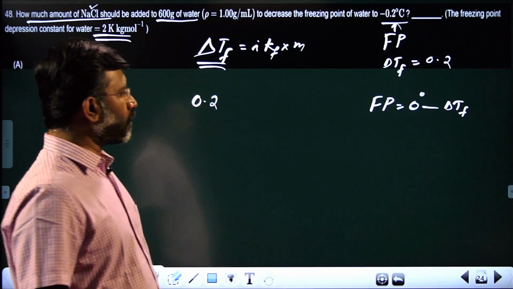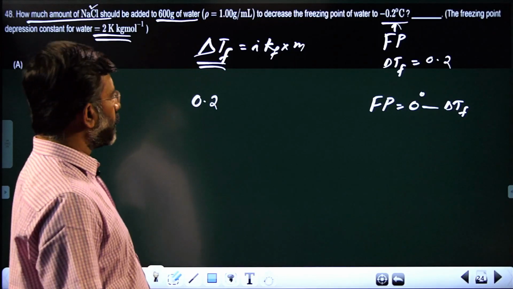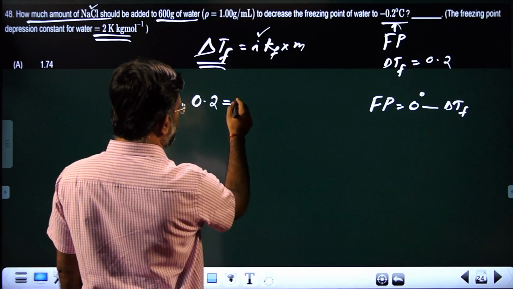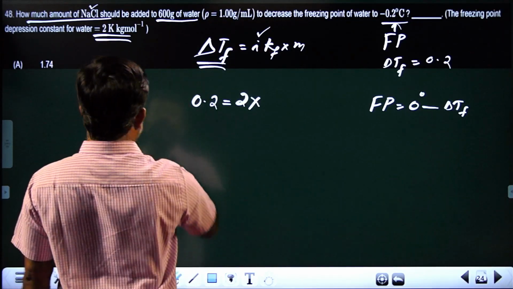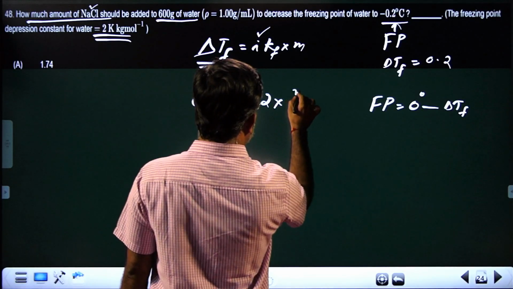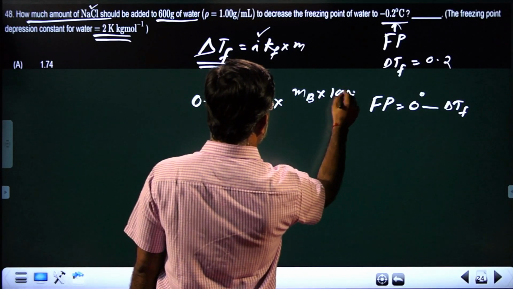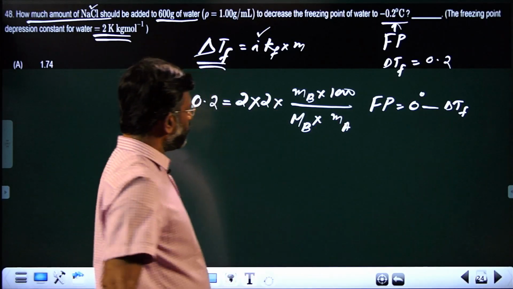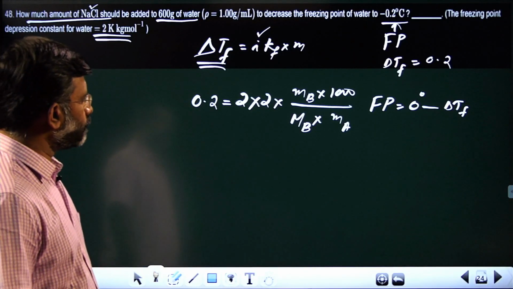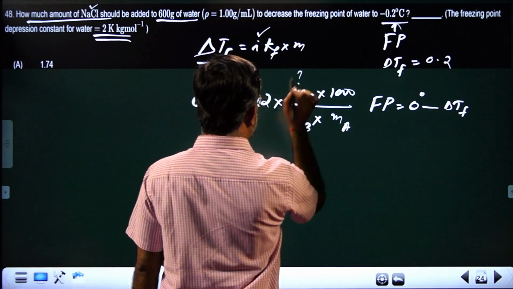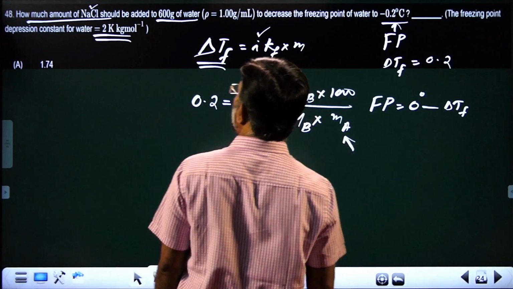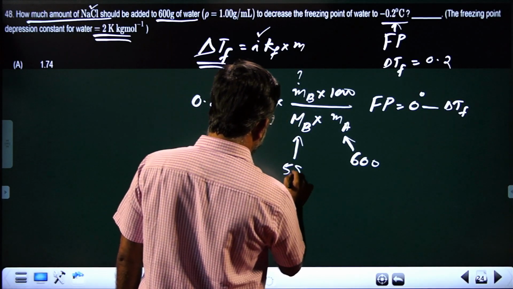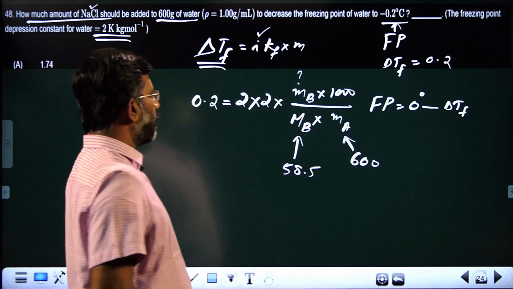So 0.2 is equal to i factor for NaCl, assuming 100% ionization, 2, into Kf given, into molality, which is mass of solute into 1000 divided by molar mass of solute into mass of solvent. Let A be the solvent and B be the solute. We want to get this data, and this data is given: 600. And this data is known to you, NaCl, 58.5. You can get the mass of B.